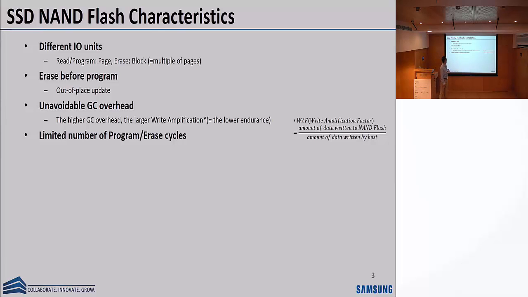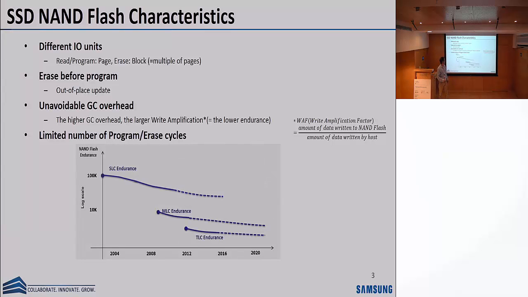So that is something we'll address. And finally, NAND flash has a limited number of program erase cycles. As we move from single level cell to triple level cell, as you see in this graph, NAND flash endurance went down almost 100 times.